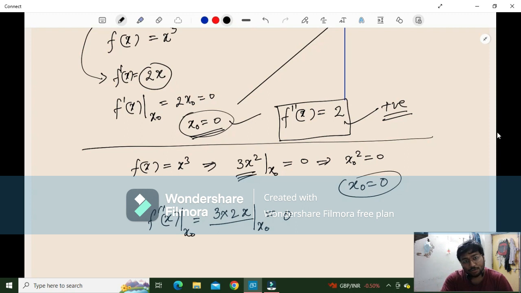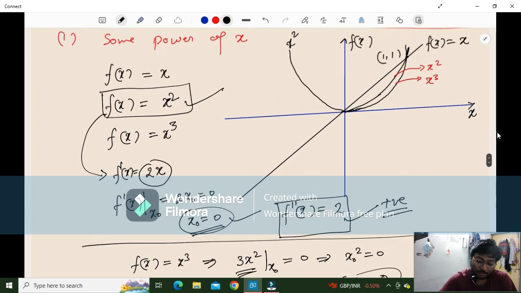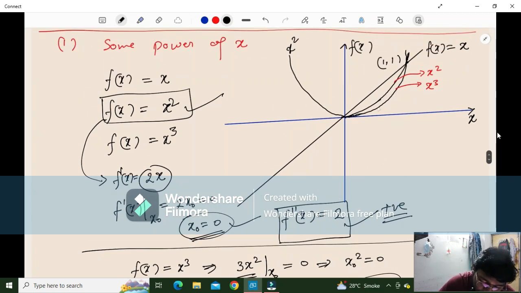When the slope becomes 0, it means the function becomes flat at that point. But when the second derivative is 0, this means it is not making any maxima or minima. If it is positive, then it is a minima. If it is negative, then it is a maxima. But here we see that in the case of f of x equals x cube it is not making maxima or minima, while it is making an inflection point. Let us check whether it is that now. So this is the x cube graph, and if you check, this graph will go like this.